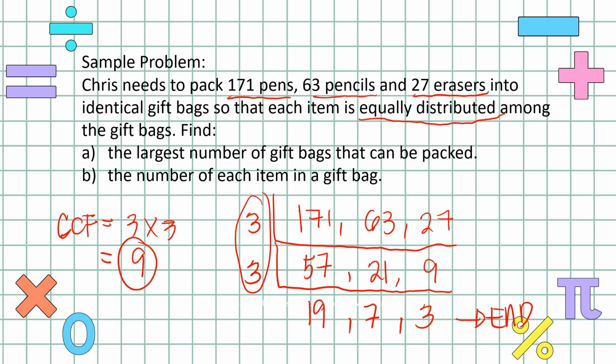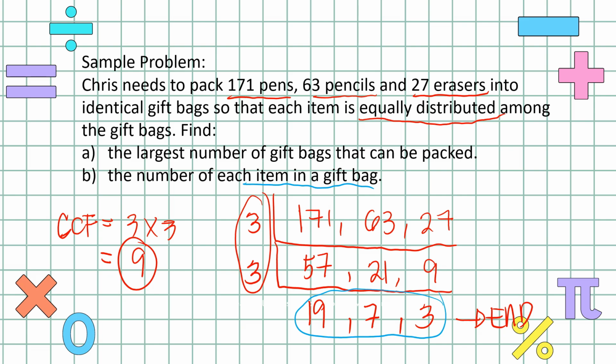So meaning we can distribute our items in 9 gift bags equally. And if we divide 171, 63, and 27 by 9, we'll get the number of items in each bag here in the answer below. So there are 19 pens, 7 pencils, and 3 erasers in each bag. So that's how we interpret the values in our solution.